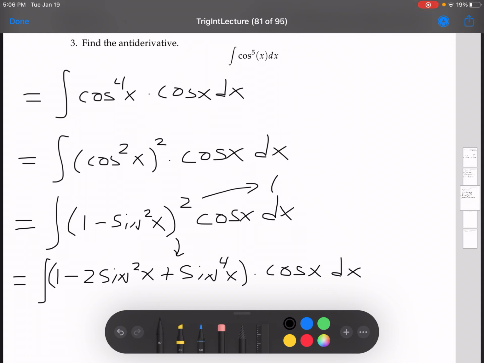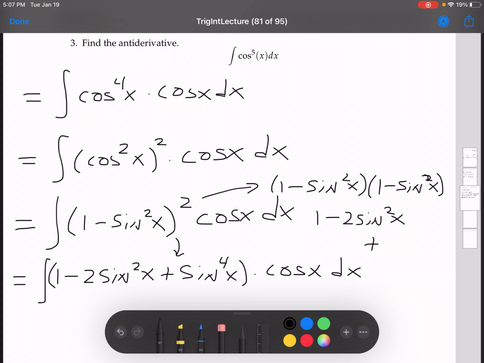1 minus sine squared x, squared, is 1 minus sine squared x times 1 minus sine squared x. Now if you were to do this foiling here, you'd have 1 minus sine squared x minus sine squared x, so there's 2 of those. And then negative sine squared x times negative sine squared x is positive, just a negative times a negative is positive.